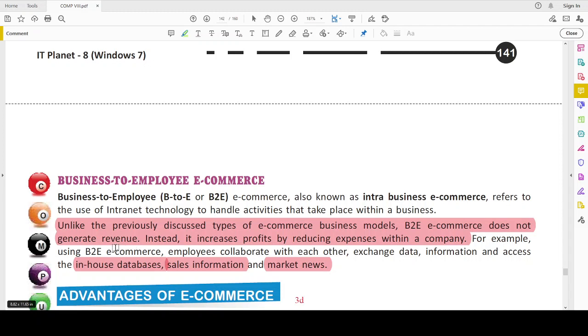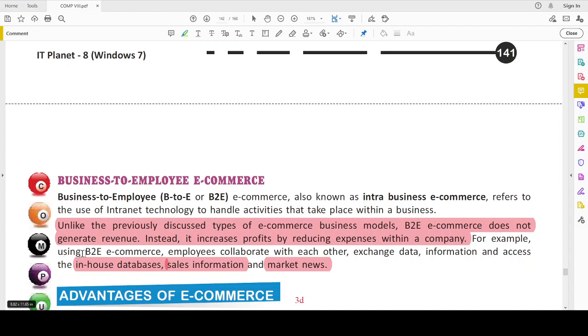So there is no direct generation of revenue. Instead, it increases profits by reducing expenses within a company.